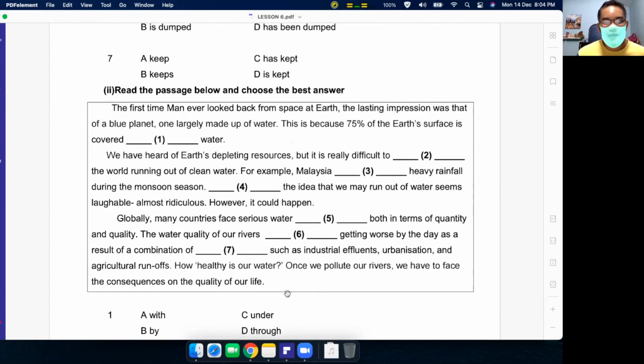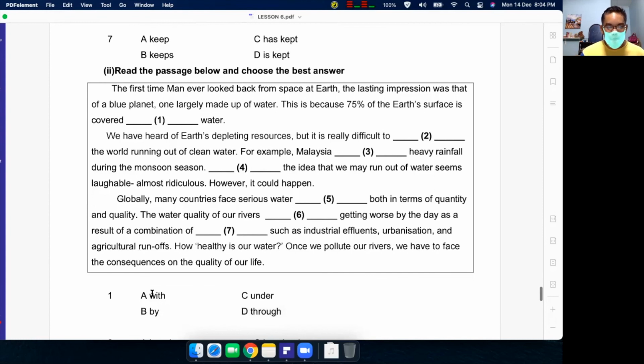The first time man ever looked back from space at Earth, the lasting impression was that of a blue planet, one largely made up of water. This is because 75% of the Earth's surface is covered with water. It's not covered by water, it's not covered underwater, it's not covered through water. Earth's surface is covered with water.